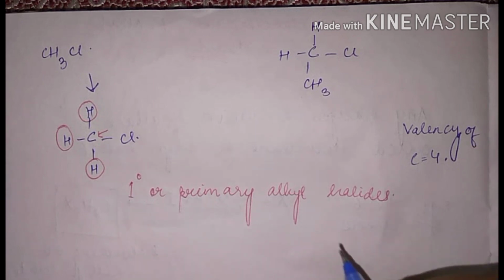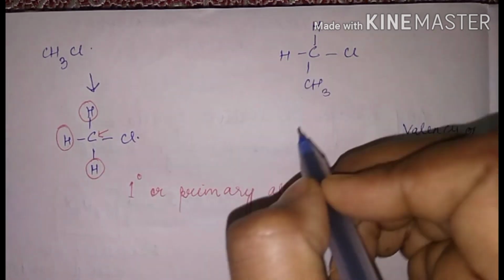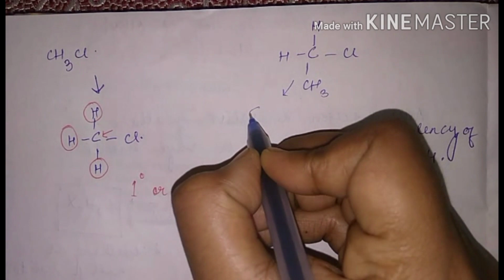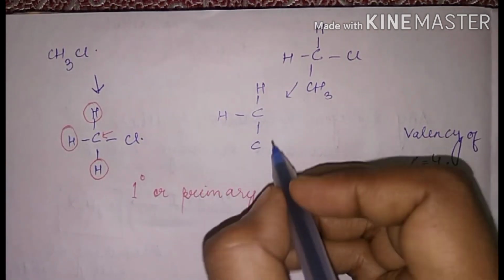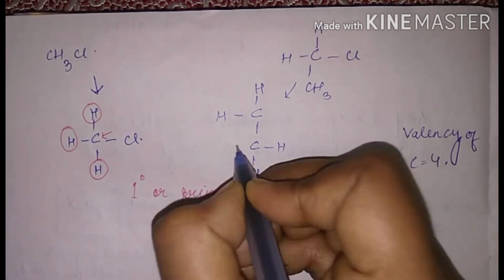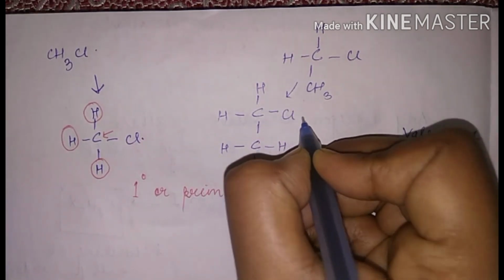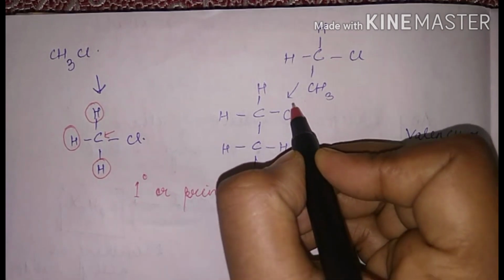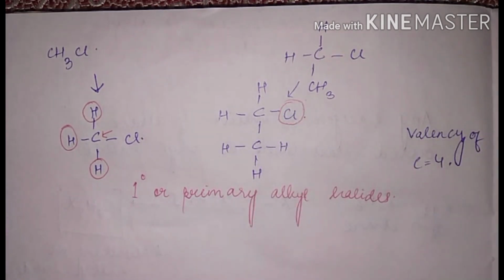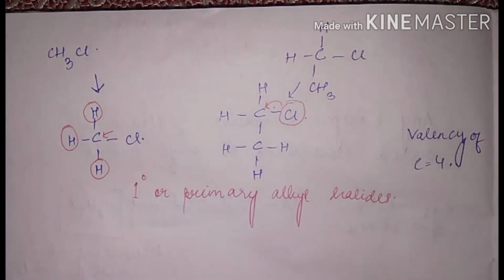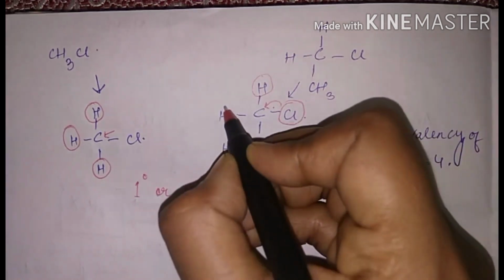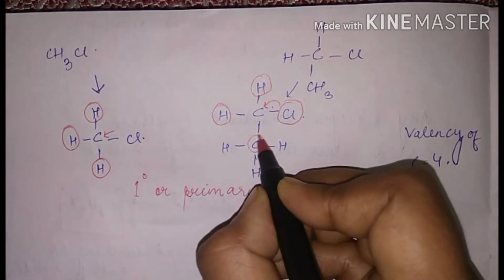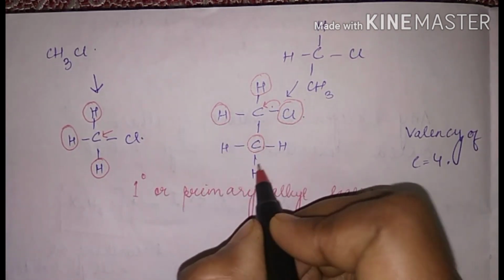The next example which we take of a primary alkyl halide is this. We expand the structure, and now this chlorine or the alkyl halide is attached to this carbon atom. Further, this carbon atom is connected to one hydrogen and one carbon atom. We do not see these hydrogens.